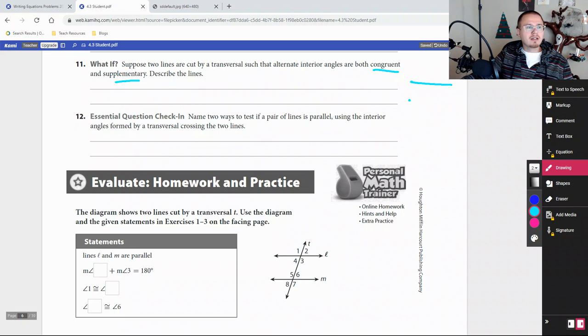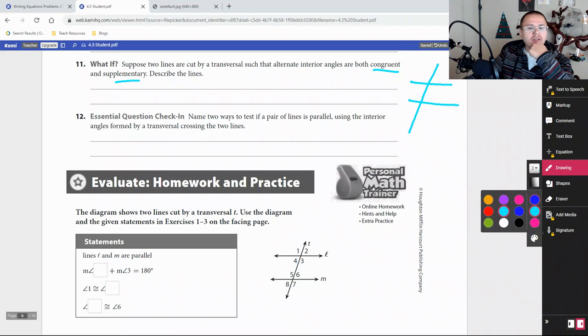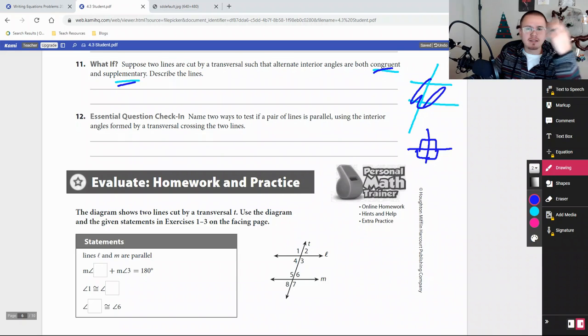If they're congruent and supplementary, we know the lines are parallel, and all the angles would have to be 90, so this is a bad diagram. If they're going to be congruent and supplementary, because 90 plus 90 equals 180, the diagram would look like that. The transversal would be perpendicular.